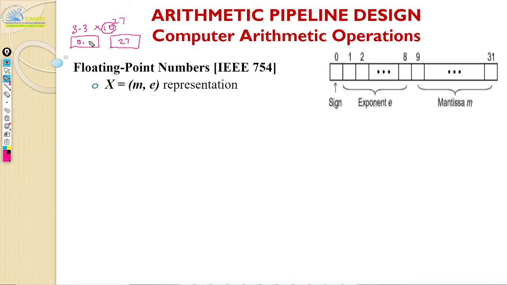It's always after the decimal point, 0.33. And then it will become 0.33 into 10 to the power 28. Okay, so this is how you generally represent.